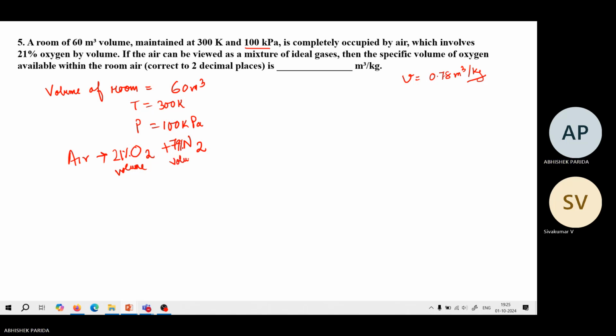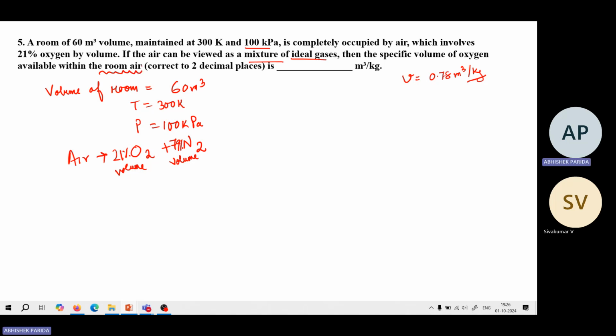Okay. So first of all, let us just concentrate now on the oxygen. The next thing it says is, if the air can be viewed as a mixture of ideal gases, so we don't have to calculate the Z, that is the compressibility factor. So that problem is gone. Then the specific volume of the oxygen available within the room air, and the other keyword is the room air.